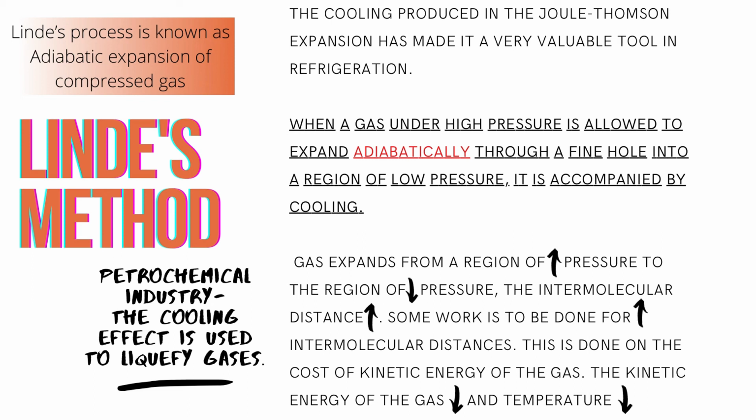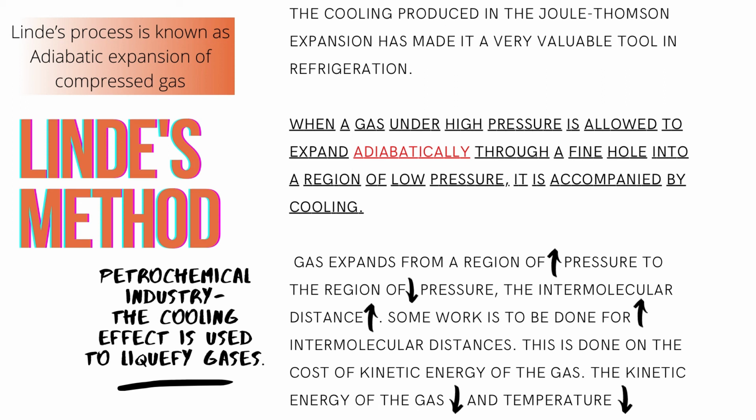The process is based on the Joule-Thomson effect, which states that when a gas under high pressure is allowed to expand adiabatically through a fine hole into a region of low pressure, it is accompanied by cooling. The term adiabatically means that the apparatus is perfectly insulated, so no heat is lost to or gained from the surroundings.